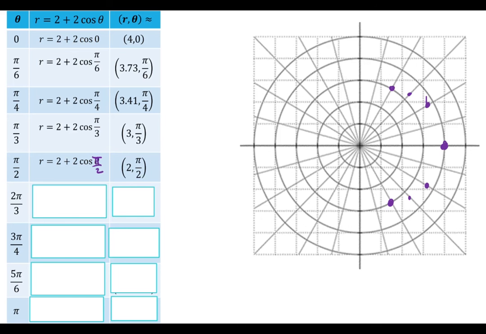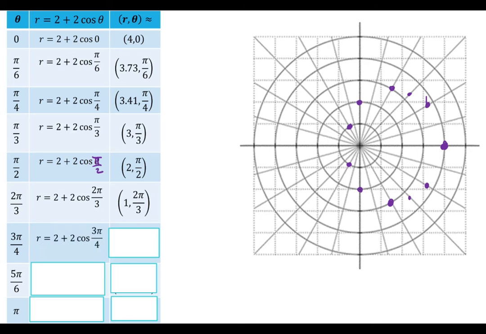We're going to get 2 pi halves, and of course we get the mirror point, 2 pi halves, well really negative 2 pi halves. Then 2 pi thirds, plug that in, what are we going to get? We're going to get 1 at 2 pi thirds. 1 at 2 pi thirds is about right there, and then our mirror point.